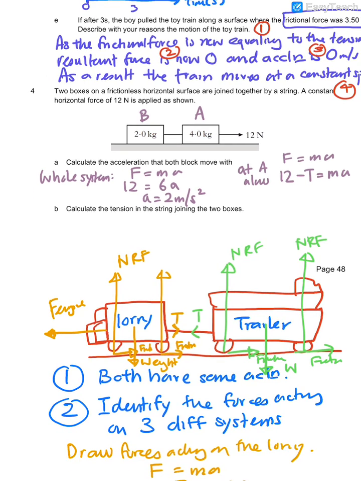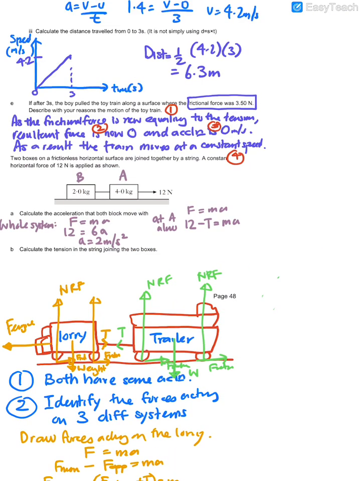So part B, you all try part B. Calculate the tension in the string acting between the two boxes. Dylan, look at A alone. F equals MA, so 12 minus T equals MA.